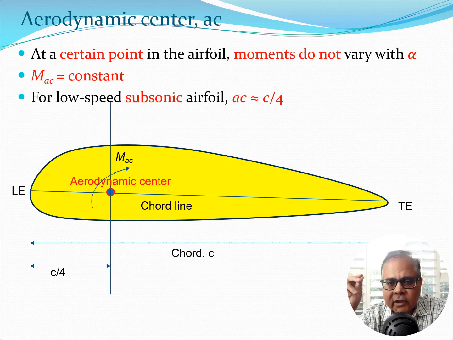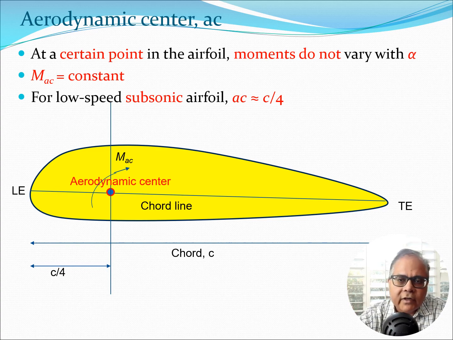But fortunately, there is a certain point in the airfoil where the moment is not going to vary with alpha. This point is known as the aerodynamic center, and the notation AC is often used to denote it. It is fortunately located at the quarter chord for low speed subsonic situations, and we can essentially say that MAC is going to be constant, because that's the way you define the aerodynamic center.